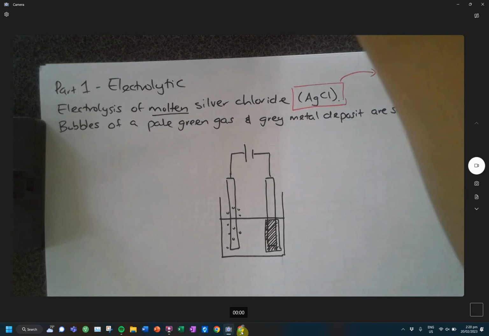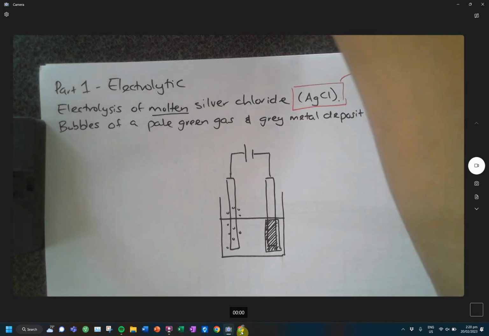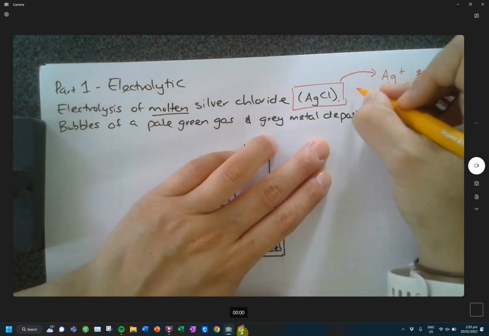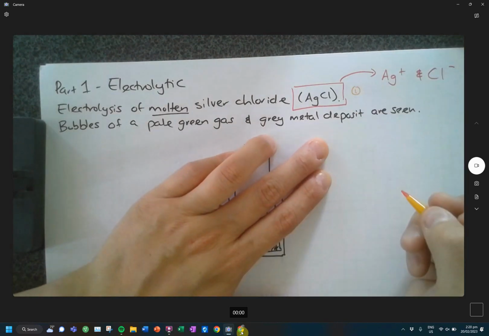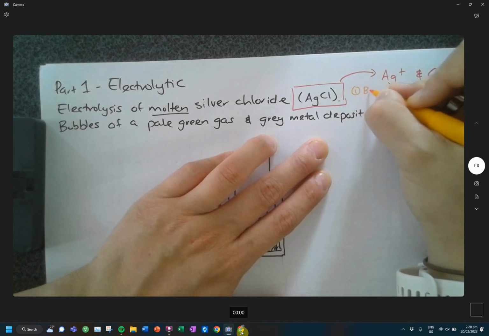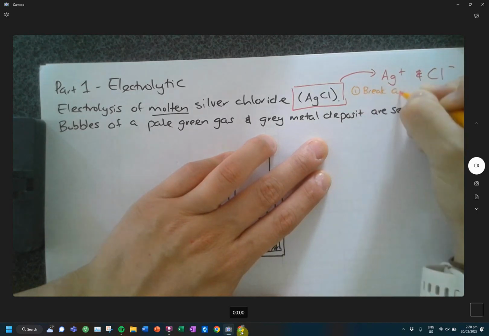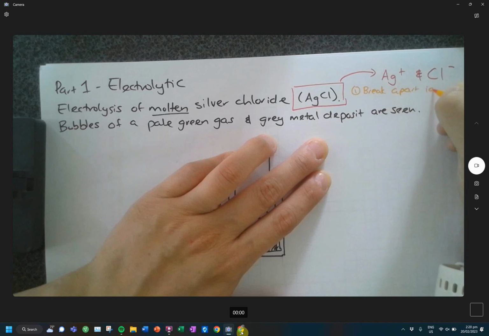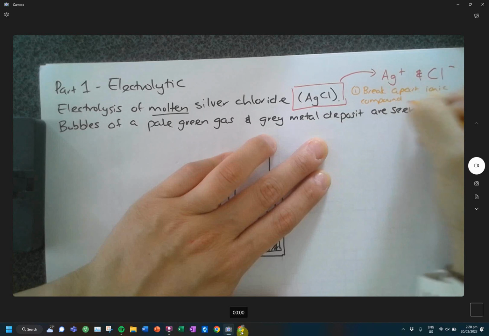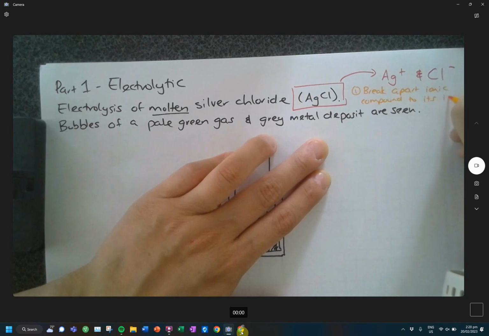I'm just trying to think what color I don't use. I wonder if yellow will show up. So we're thinking about steps. Step 1 is to, can you guys see the yellow okay? Yeah, you can. Break apart ionic compound to its ions.